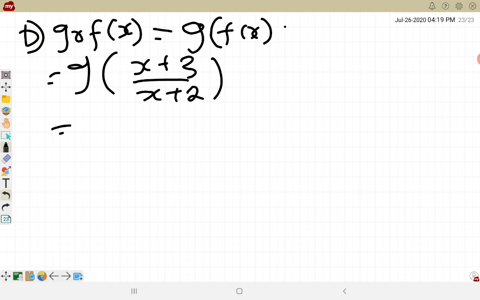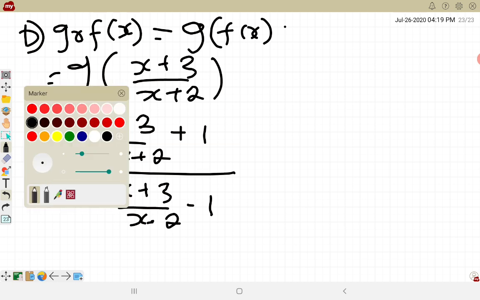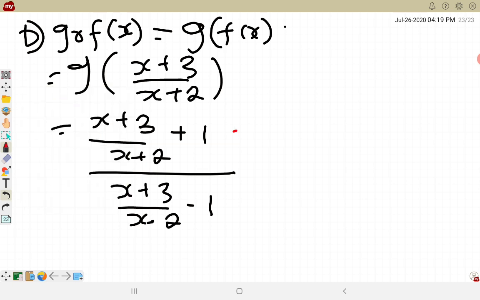Substitute this into g of x: anywhere you see x in g of x, you put f of x. So this becomes x plus 3 over x plus 2 plus 1, over x plus 3 over x plus 2 minus 1. As in A, we have the numerator and we have the denominator.